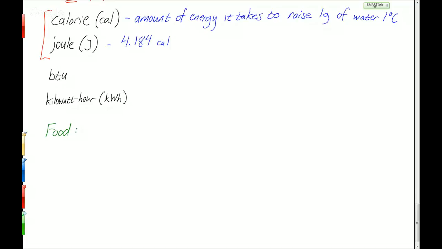Is there anything that indicates that this calorie is different from the one that we just talked about? There actually is. It's a very slight difference. It is a calorie with a capital C. So a calorie with a capital C is not the same as a calorie with a little c.